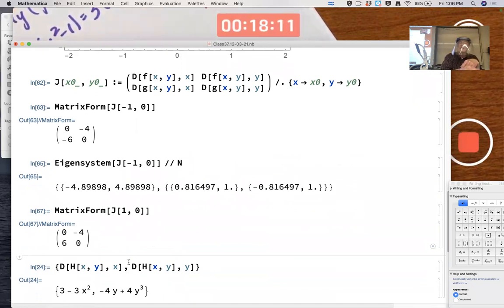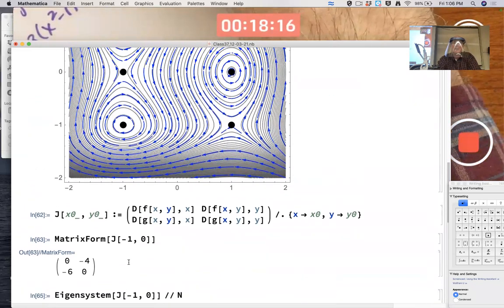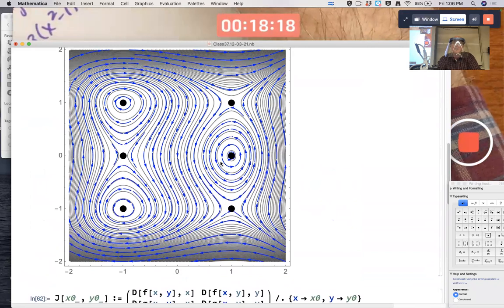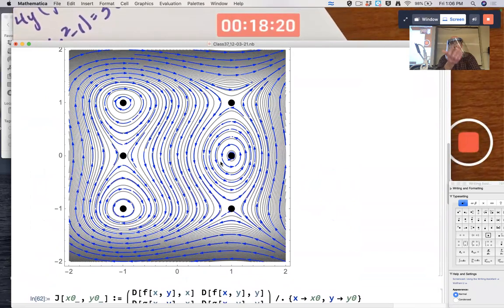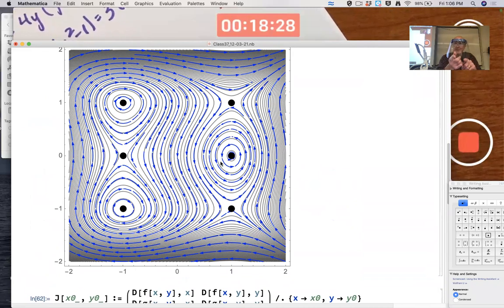This linearized system would be a center. So in that sense, it's not surprising that these things are centers. However, the Hartman-Grobman theorem only applies when your eigenvalues are not purely imaginary and they're also not 0. So technically speaking, even though you can say they're centers, you're not truly applying the Hartman-Grobman theorem in that case.